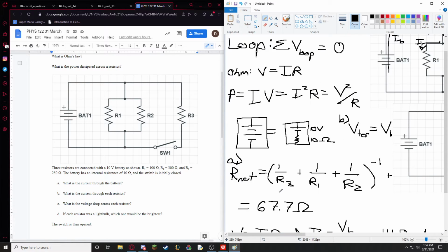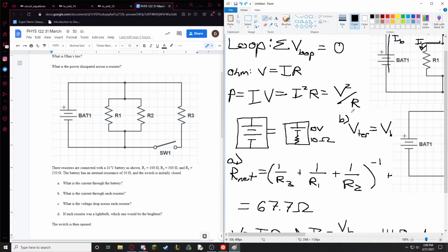Uh huh. You're right, if V goes up and R doesn't change, V goes up, I would have to go down. No, I would have to go up. Oh, okay, never mind. They're on opposite sides here. Gotcha. Yep.